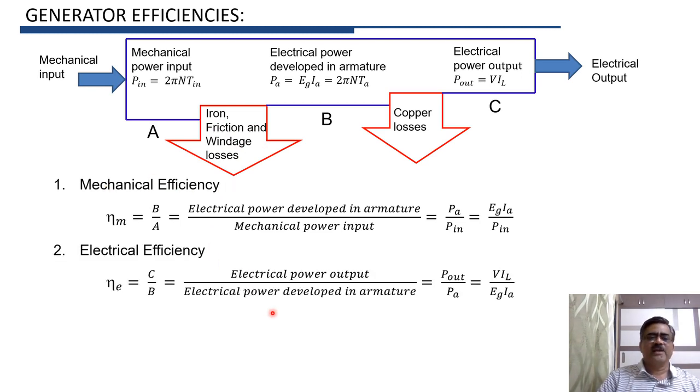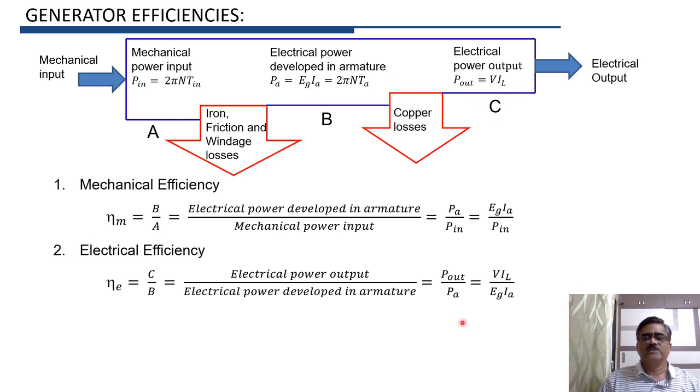Then the second efficiency which can be defined is electrical efficiency. It is the ratio of C to B, that is ratio of electrical power output to electrical power developed in armature, that is P out divided by Pa.